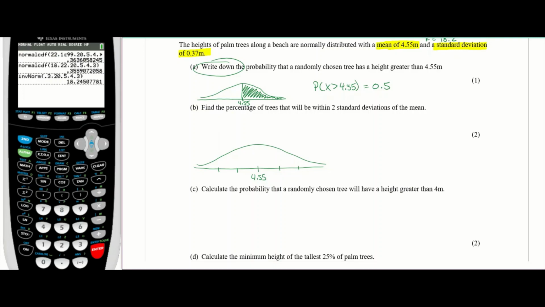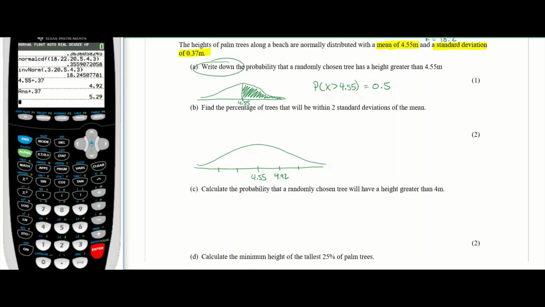So we need to figure out these cutoff values. Our standard deviation is 0.37. So 1 standard deviation to the right will be what we get if we add 0.37 to 4.55, and then if we add another 0.37, we will get to 2 standard deviations to the right.